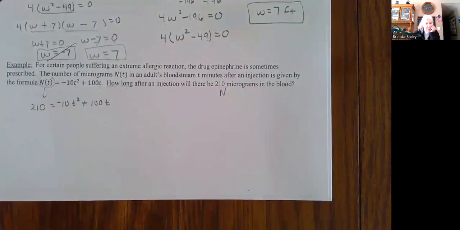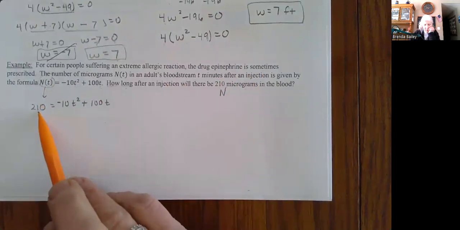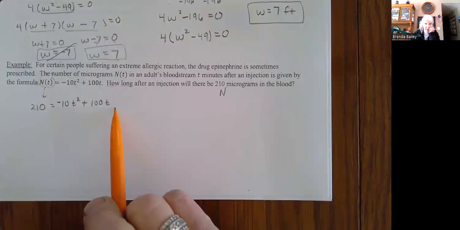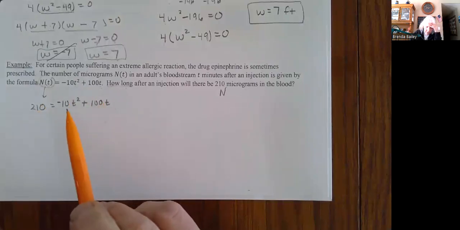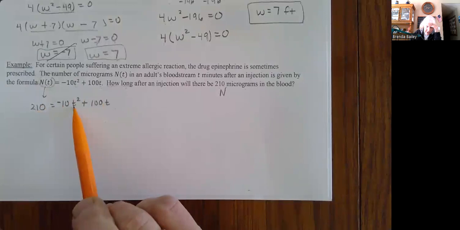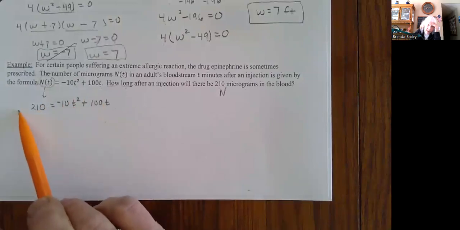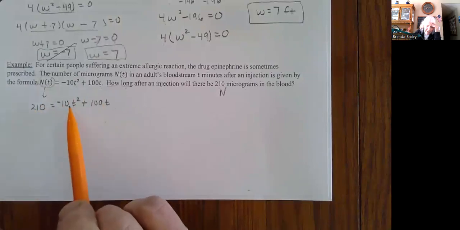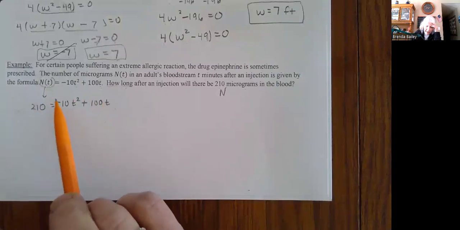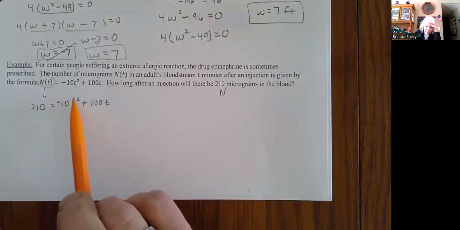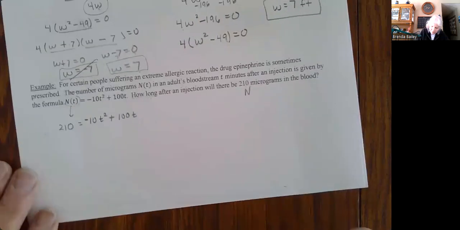Rather than move the 210 over, because we're going to set it equal to 0 and solve it, I'm going to move the negative 10T squared over here, because that makes it positive. I always want that leading coefficient to be positive on the highest power.